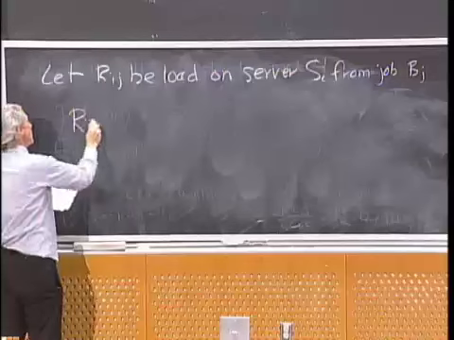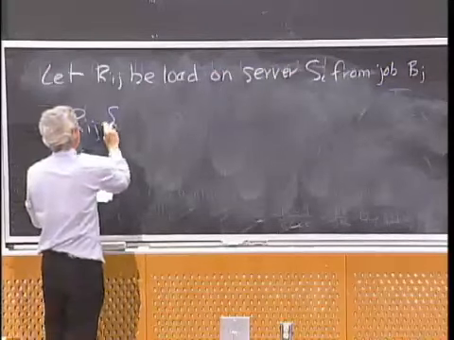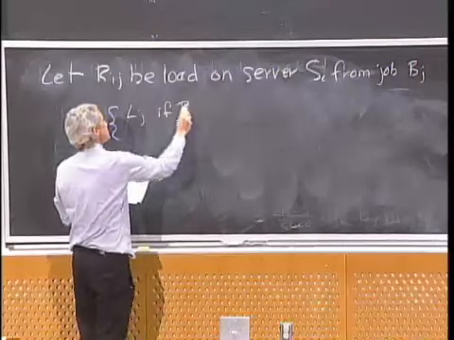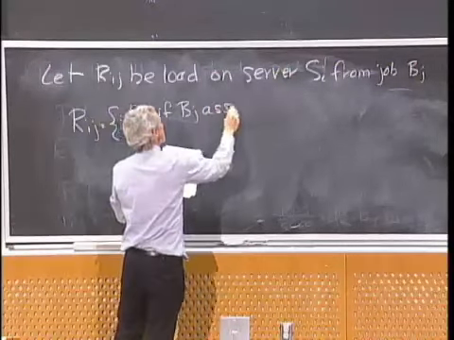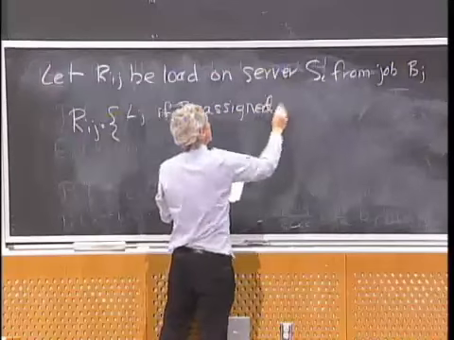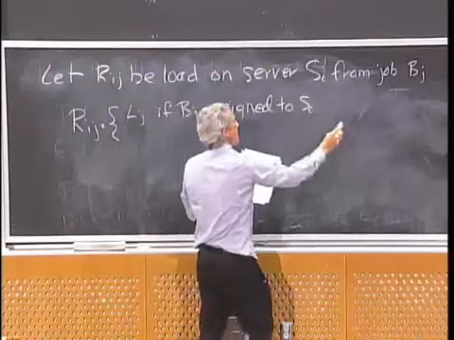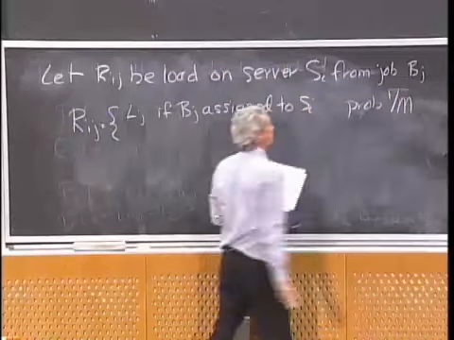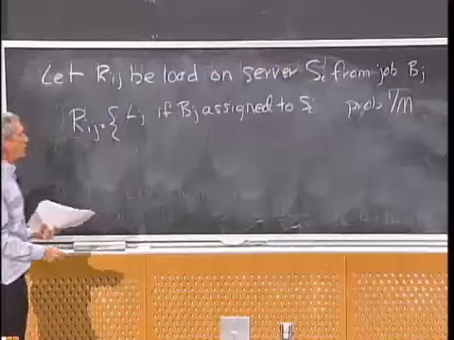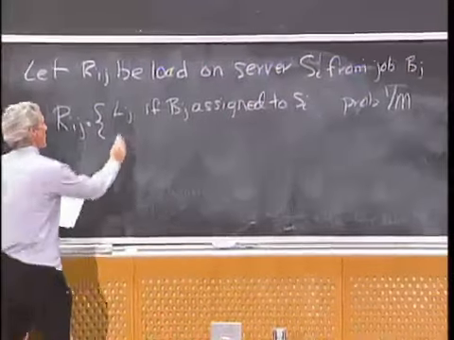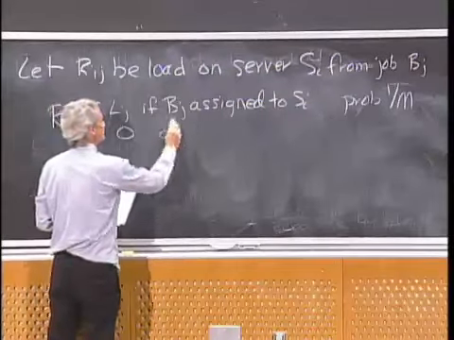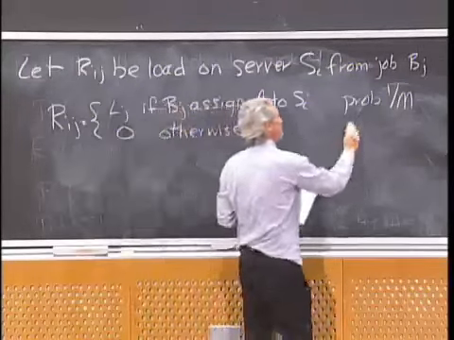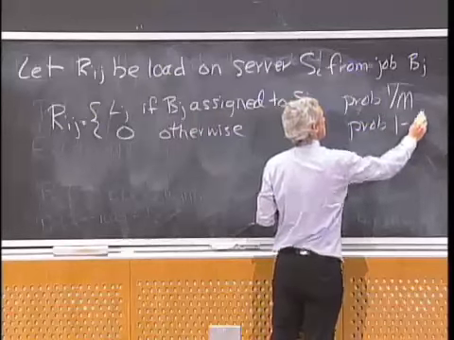So we know that Rij equals the load of Bj if it's assigned to Si, and that happens with probability 1 over m. The job picks one of the m servers at random, and otherwise the load is 0, because it's not assigned to that server. And that is probability 1 minus 1 over m.